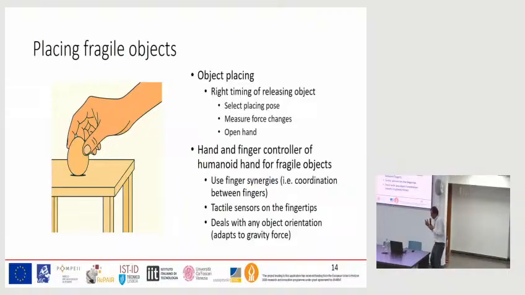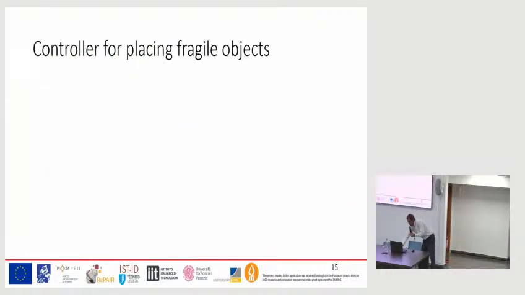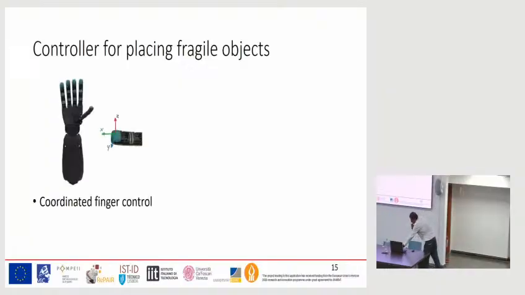And considering these three things, the tactile information, the finger synergies, that's the coordination between fingers, and the orientation, we are able to have a controller that runs on this humanoid hand, with 5 fingers, and on the fingertip we have a tactile sensor. With the tactile sensors and the coordinated finger control, we actually release the object at the right timing.